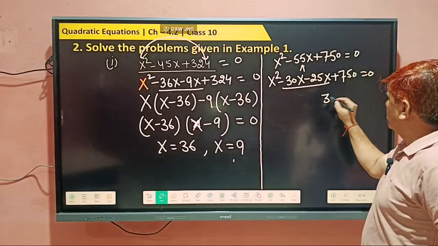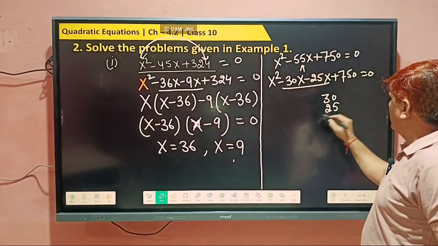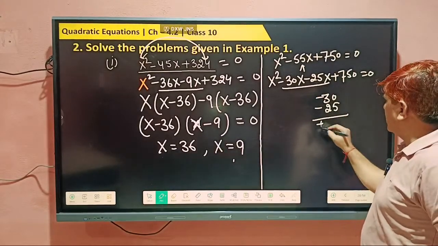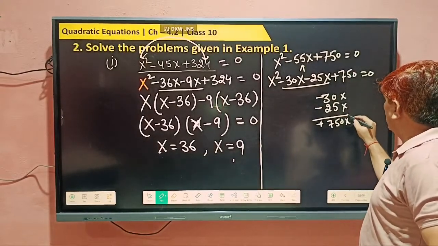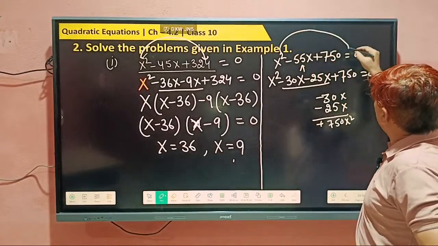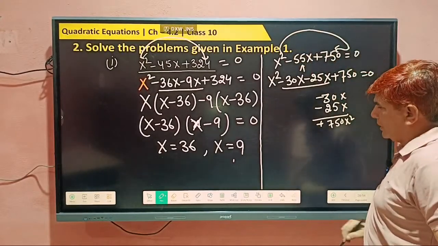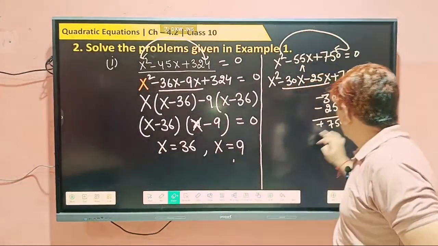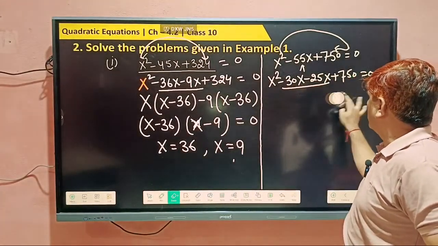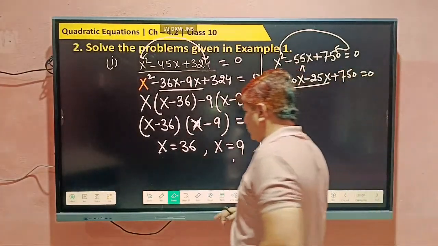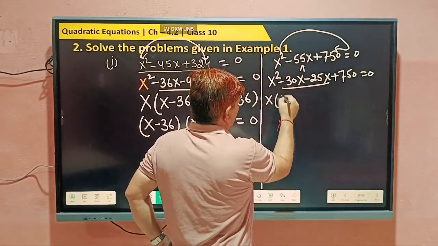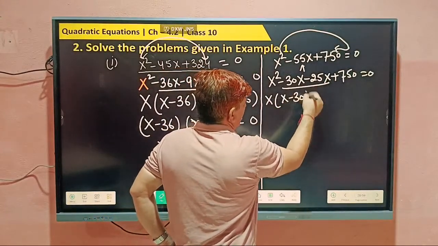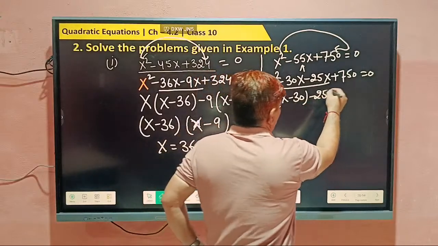What's their product? 30 into 25, minus minus becomes plus 750, x into x square, which is equal to this. It means factorization is right. So how can you show the remaining portion easily? What's common? x is common, so x minus 30. Now what's common? 25 is common.